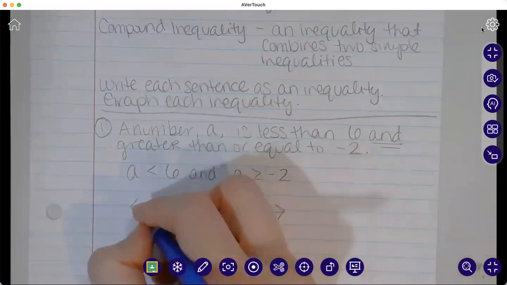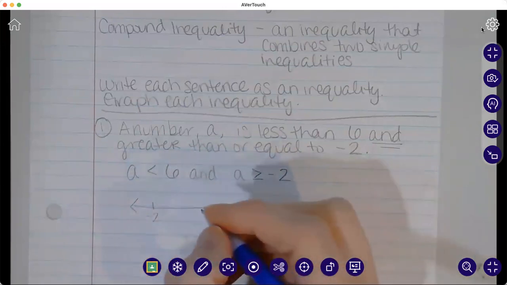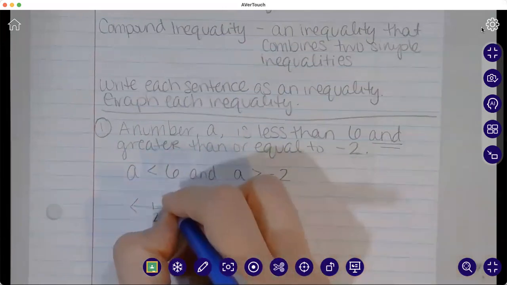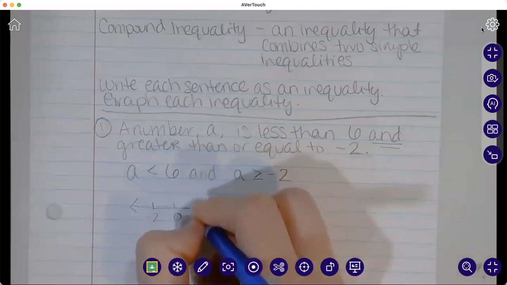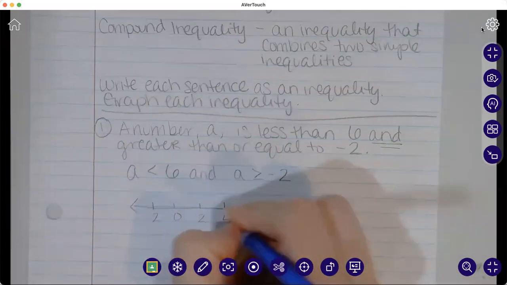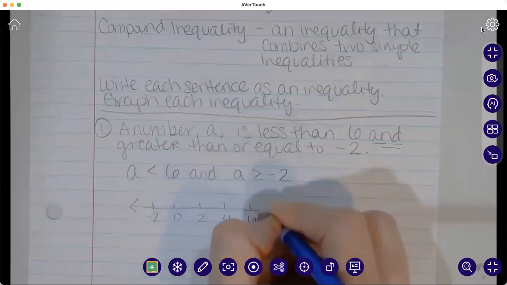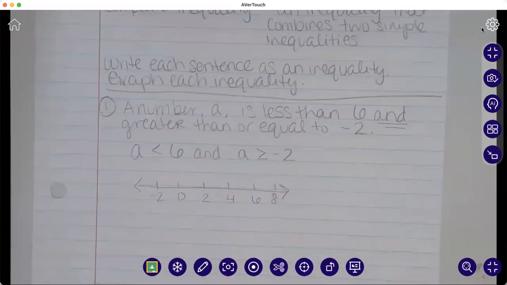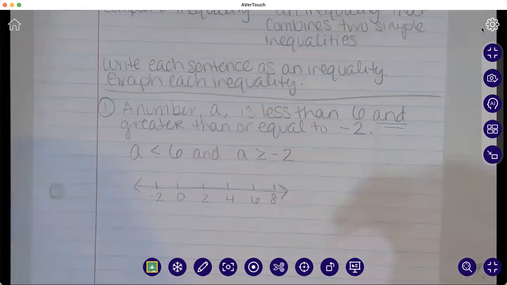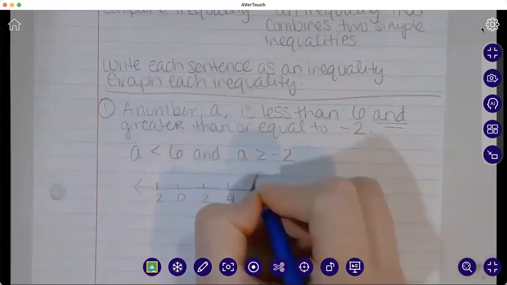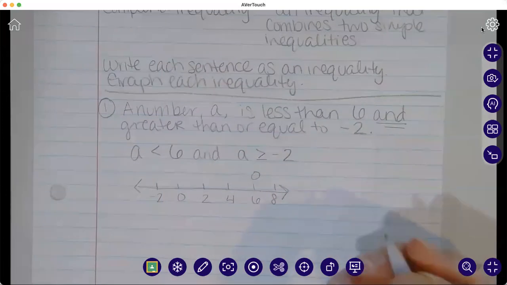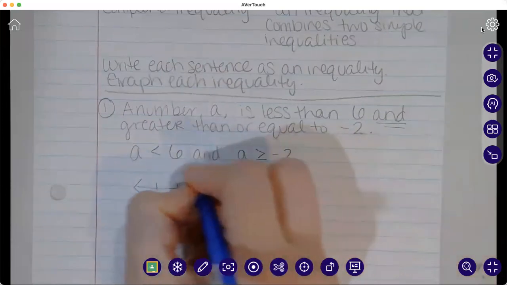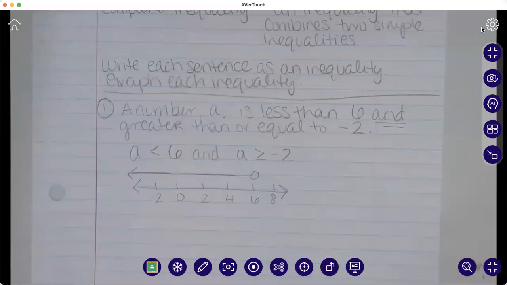So we have -2 over here. And I'm going to go by 2's because it makes things a little bit easier. And I have A is less than 6. So I have an open circle at 6, but A is less than it, so it's going that way.